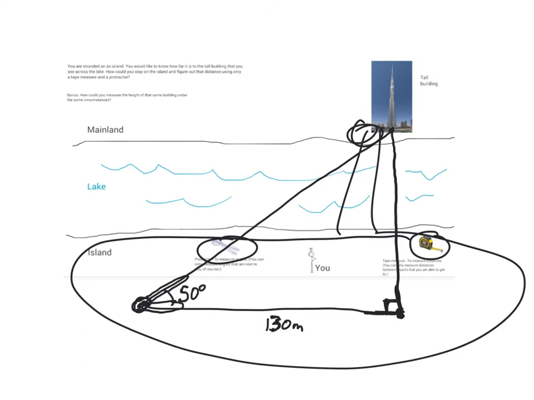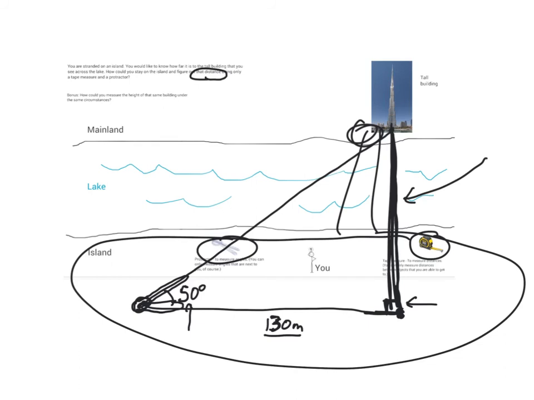So now, I actually know this is a 90-degree angle. I know this is a 50-degree angle. I know 130 meters. I can actually solve this triangle, which means I can find this length, and if I know that length, then I know the distance. I know that distance, right? So let's do it.